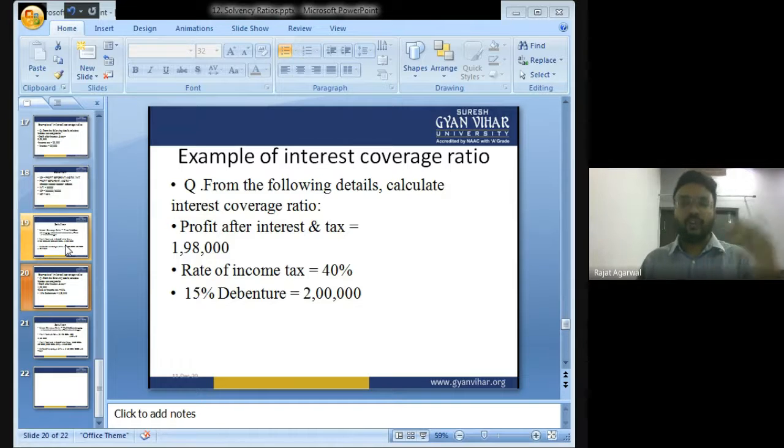We have issued the debenture in market of rupees 2 lakh and we have taken the loan of rupees 2 lakh. Now we have to pay interest at the rate of 15% on 2 lakh.